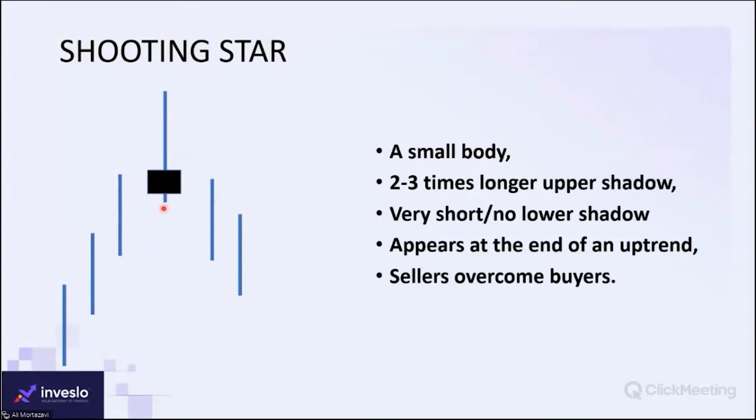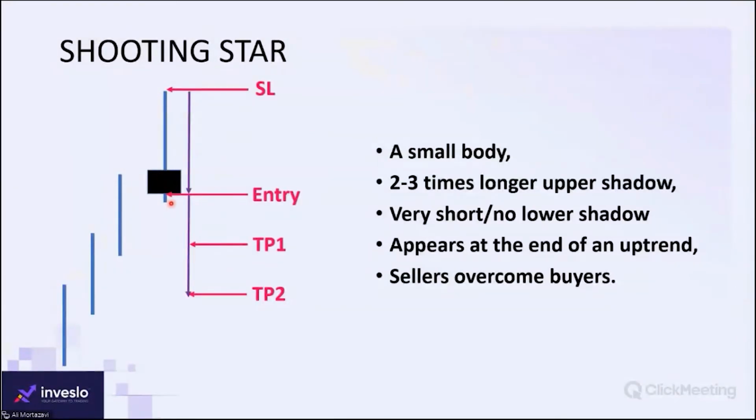So this small body and this long upper shadow reveal the weakness of the bulls, who are unable to maintain the upward movement. And after that, if we see the market come below the low of the body, or the low of the lower shadow, we can take it as a confirmation of a bearish reversal, and it triggers a sell signal for us, and then we can put our stop loss at the high of the shooting star.